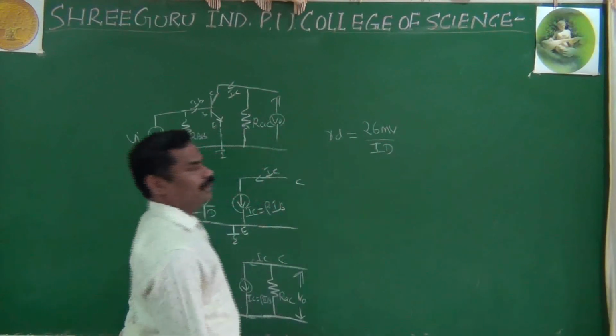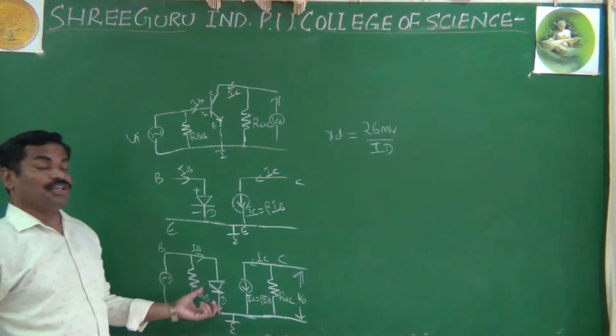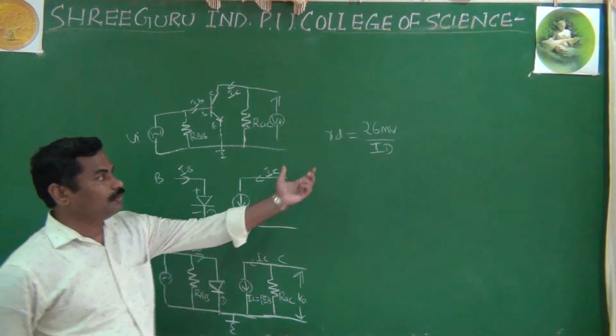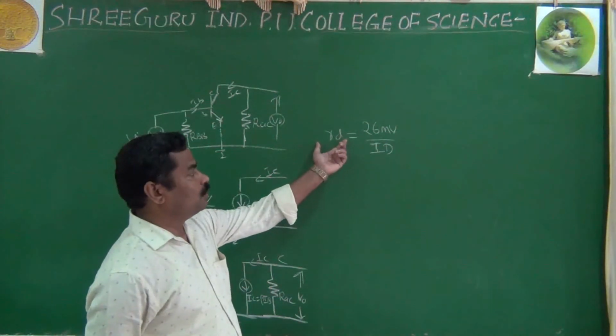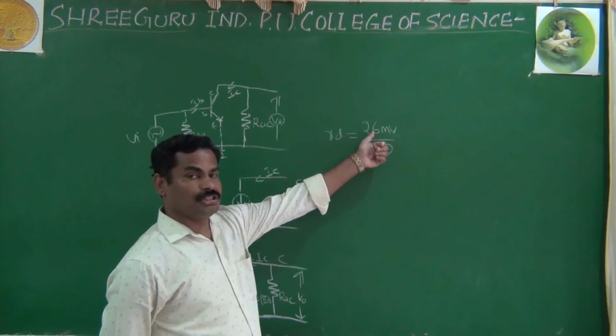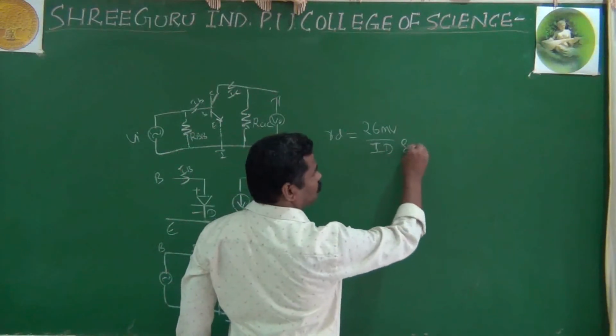You are finding the AC resistance of the diode. Use this formula for AC resistance: RD, the diode resistance, equals 26 millivolts divided by ID. The 26 millivolts is nothing but the thermal voltage, that is VT, for silicon.